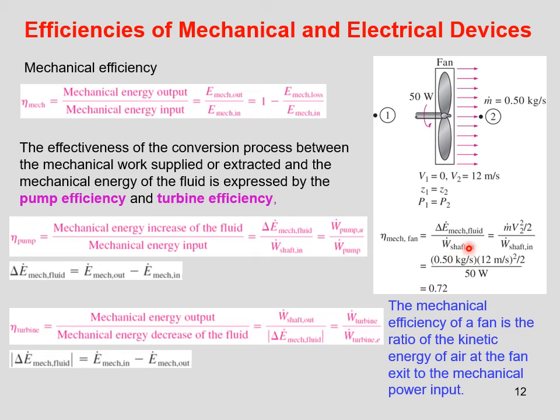So here we can calculate what the efficiency is. It's the change in kinetic energy over how much energy was put into this thing. So it's 50 watts on the bottom, that's the power supplied, over the change in kinetic energy. We know what the flow rate is and we know what the velocity is, so we can calculate that. We get the efficiency of the fan is about 0.72.